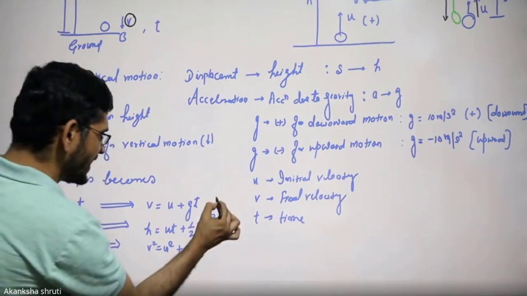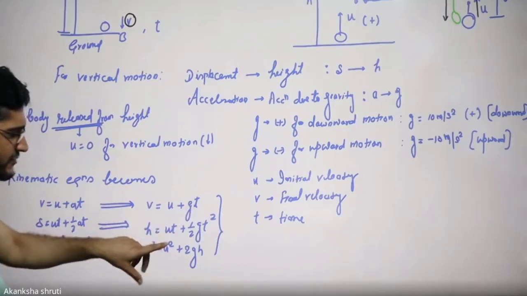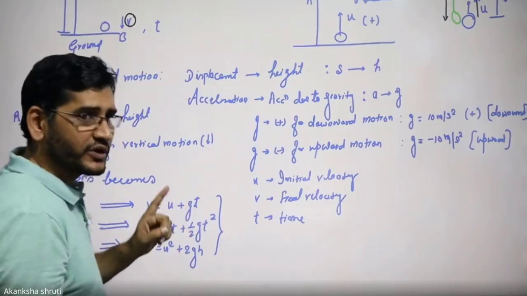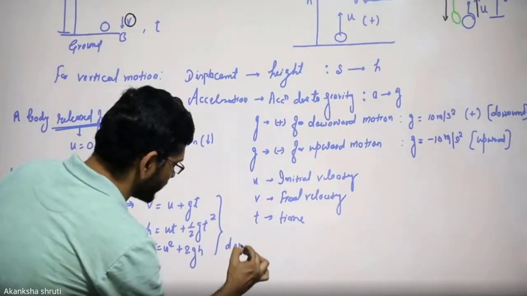So students, these are the symbols we are going to use for vertical motion. This is for the downward.